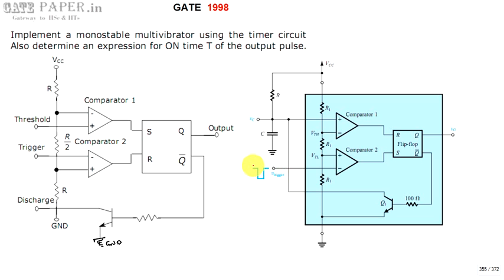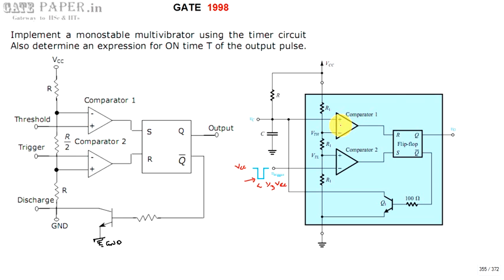If you are not applying a trigger pulse, the trigger will be at VCC, and if you apply a trigger pulse, the voltage at this point is going to be less than 1/3 VCC. Remember that. You apply a trigger pulse such that the voltage at the trigger drops below 1/3 VCC.